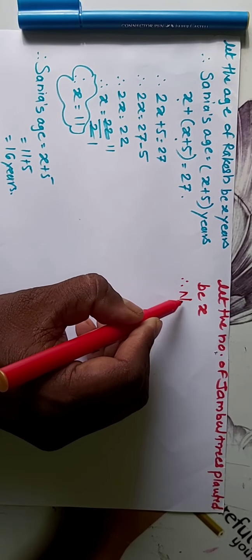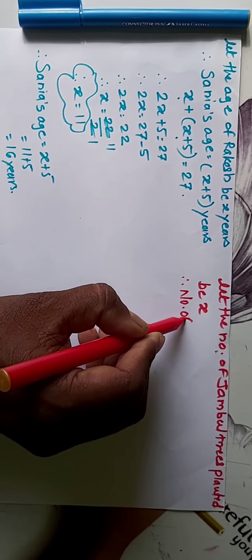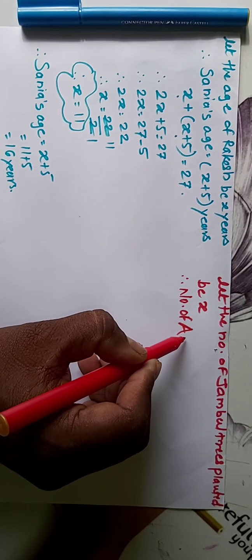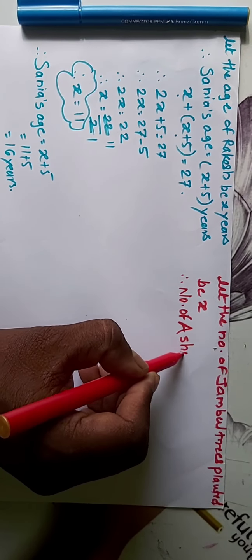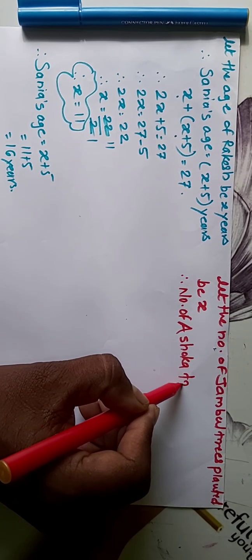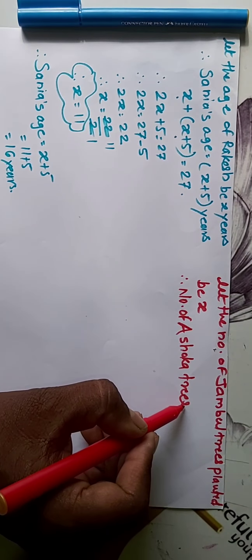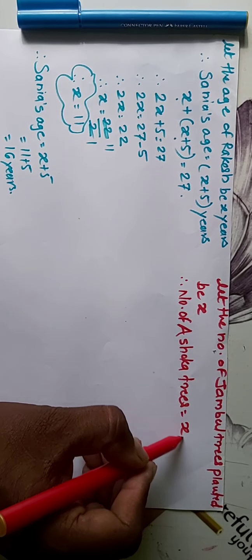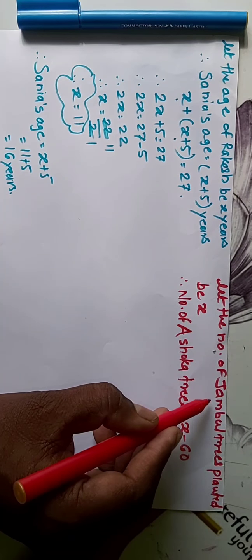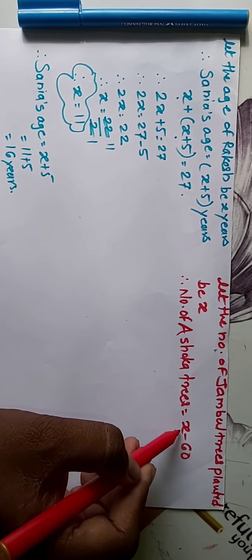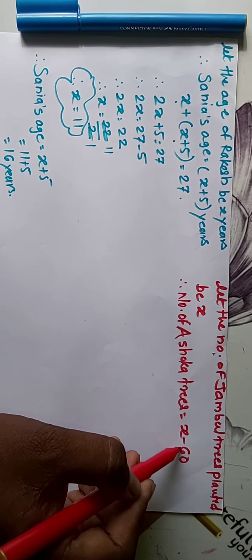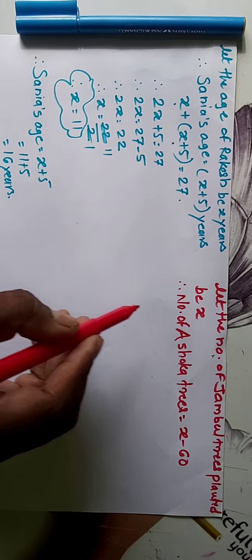So the number of ashoka trees is equal to x minus 60. Jambul trees are greater, so we can write it the other way: x minus 60 is the ashoka trees.